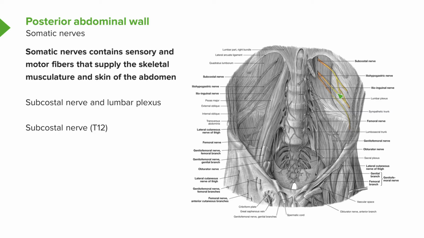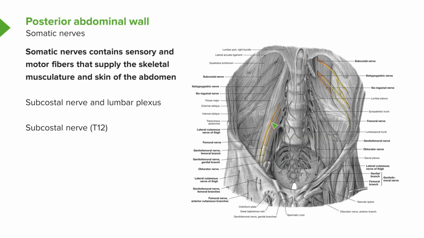We can then see we have the genitofemoral nerve. The genitofemoral nerve is passing out through psoas major here. And the genitofemoral nerve splits into a genital branch and a femoral branch. And these two nerves pass through psoas major.